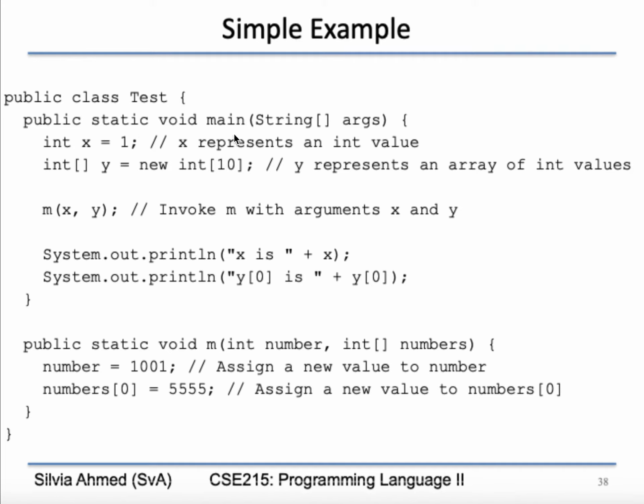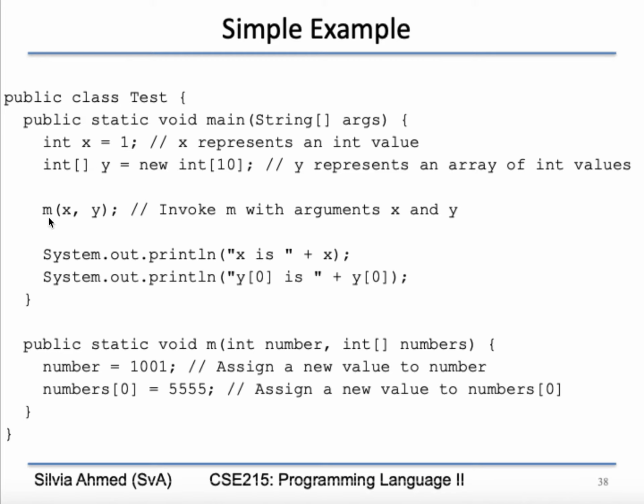Now from the main method we have two variables: int x equals 1, and int y equals new int[10]. That means we are creating an array of 10 integers and assigning the address into y.